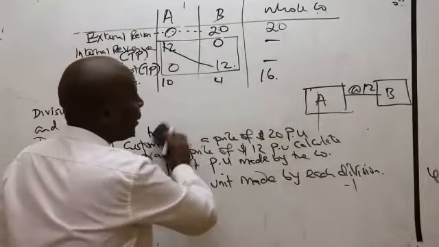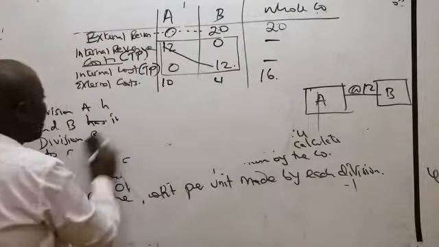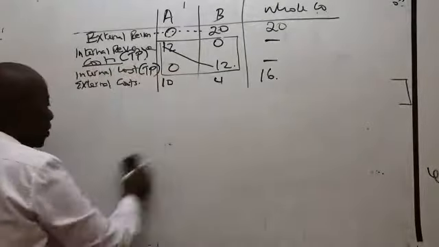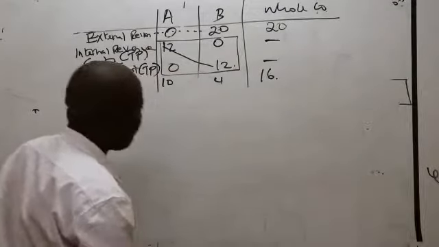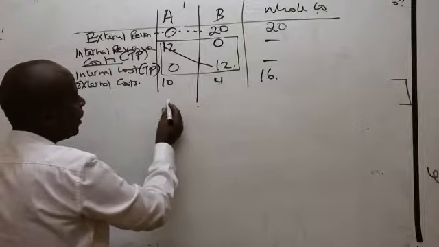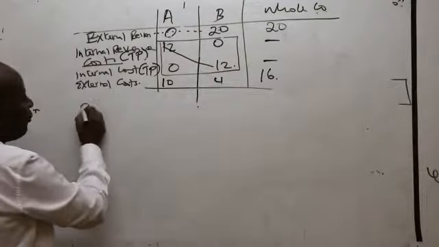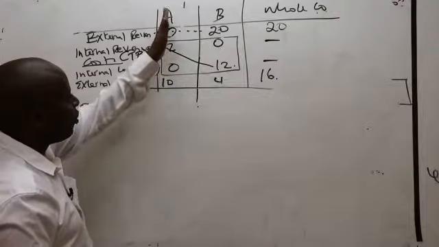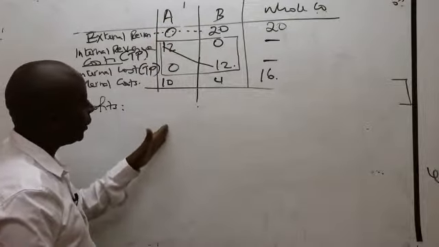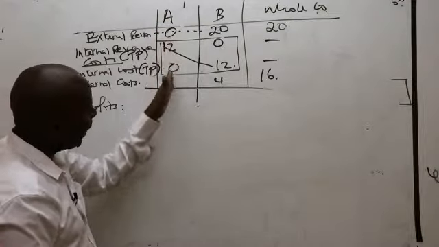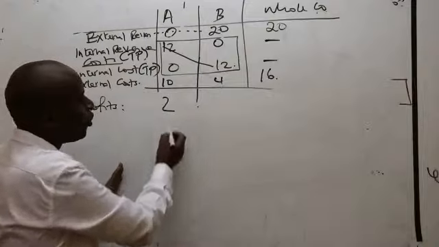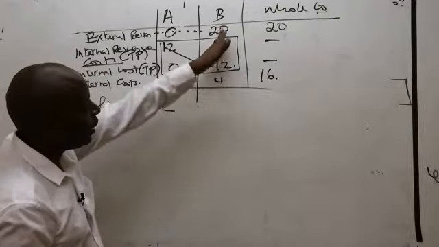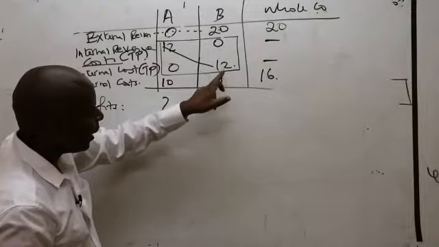Now, ladies and gentlemen, if that is agreeable, come and give us profits. For profits, we have revenues minus costs. So for A, you will talk of 12 minus 10, which gives me 2. Here we'll talk of 20 minus 16, 20 minus 12 minus 4.